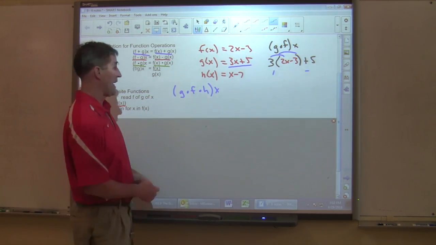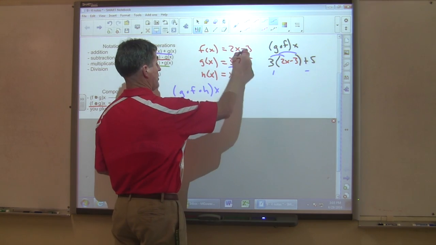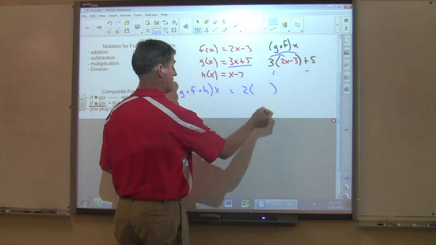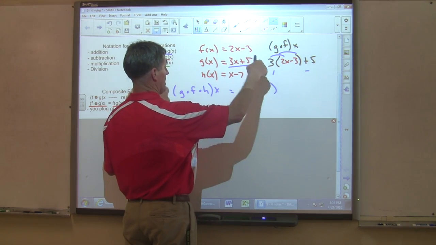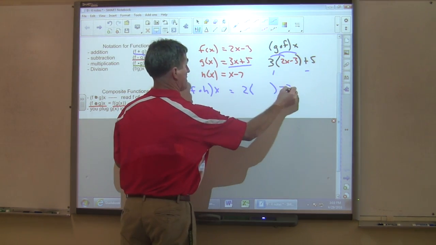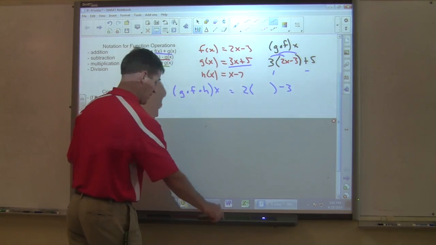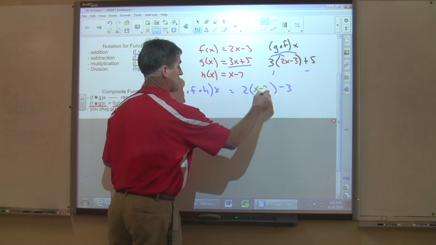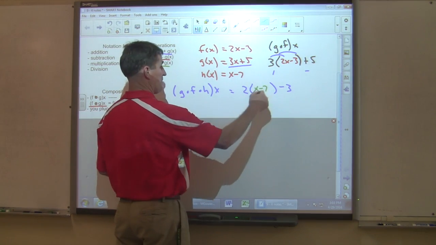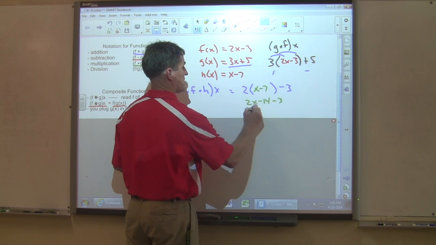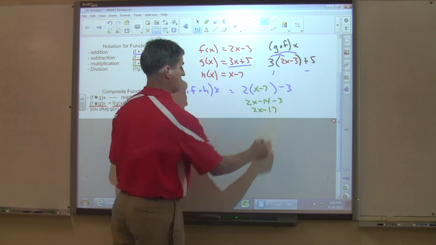So I'm going to start with f and go 2, and again when I replace the x, I'm going to write everything, so it's minus 3, but now I'm going to replace the x with the h value, so I'm going to plug in x minus 7. Then I simplify this, that gives me 2x minus 14 minus 3, so 2x minus 17.